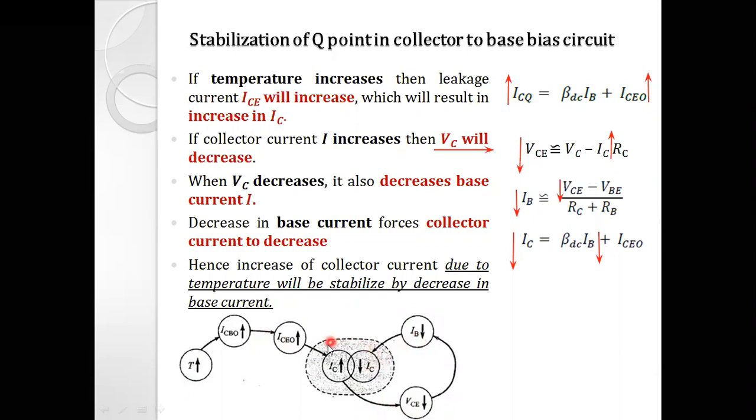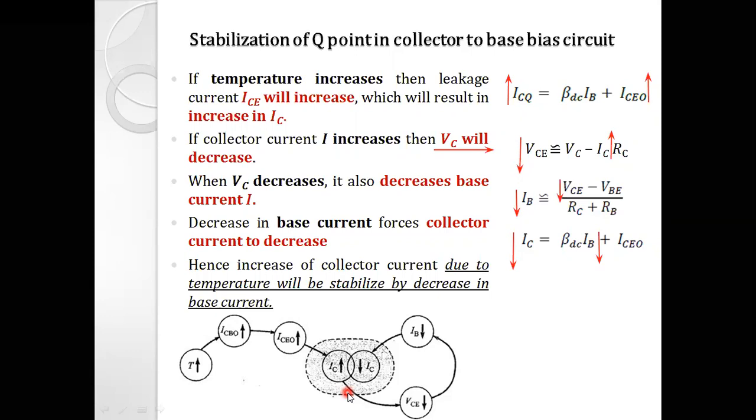So the net change in current IC is 0. There is no change, so there is no effect of changing temperature on the collector current parameter.